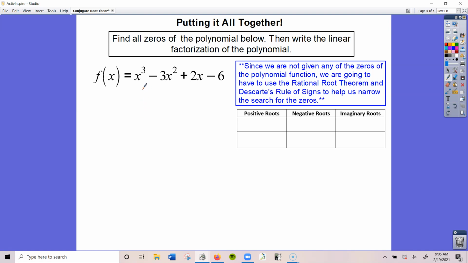So first, let's figure out what our scenarios are here for the zeros. So we're going to compare the sign changes so that we can apply Descartes' rule of signs. From x to the third to negative 3x squared, we have a sign change. Then from negative 3x squared to 2x, we have another sign change. And then from 2x to negative 6, we have yet another sign change.